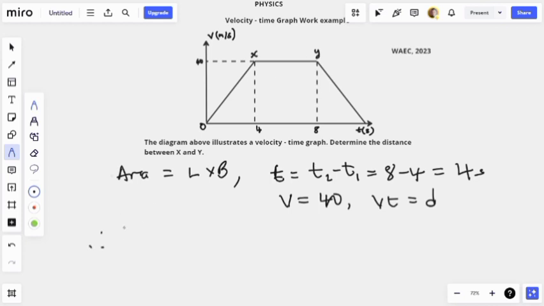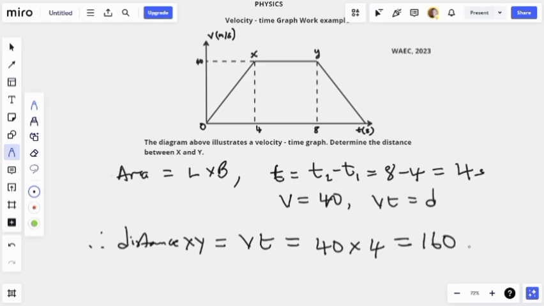Therefore, distance xy will be equal to velocity times time. Our velocity is 40 and our time is 4. So 40 times 4 is 160.